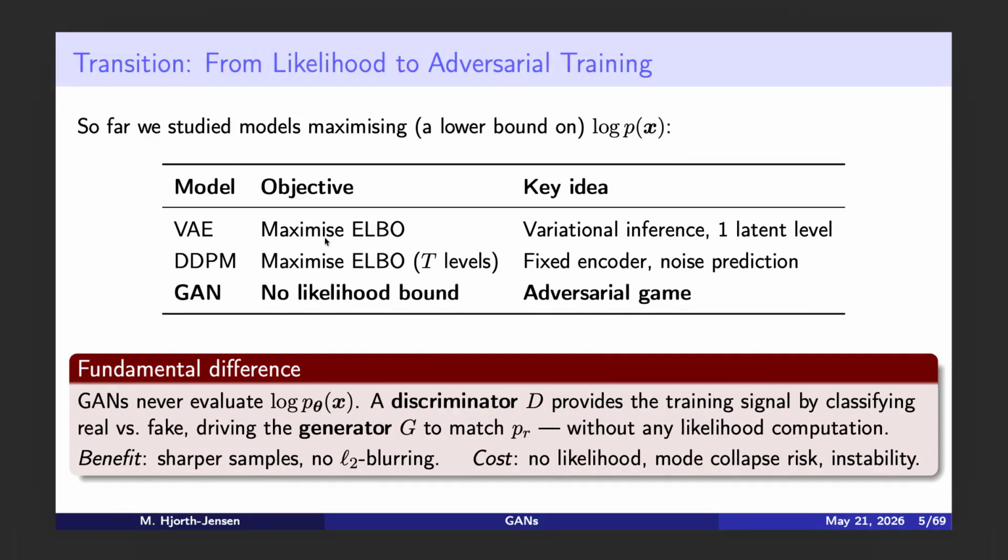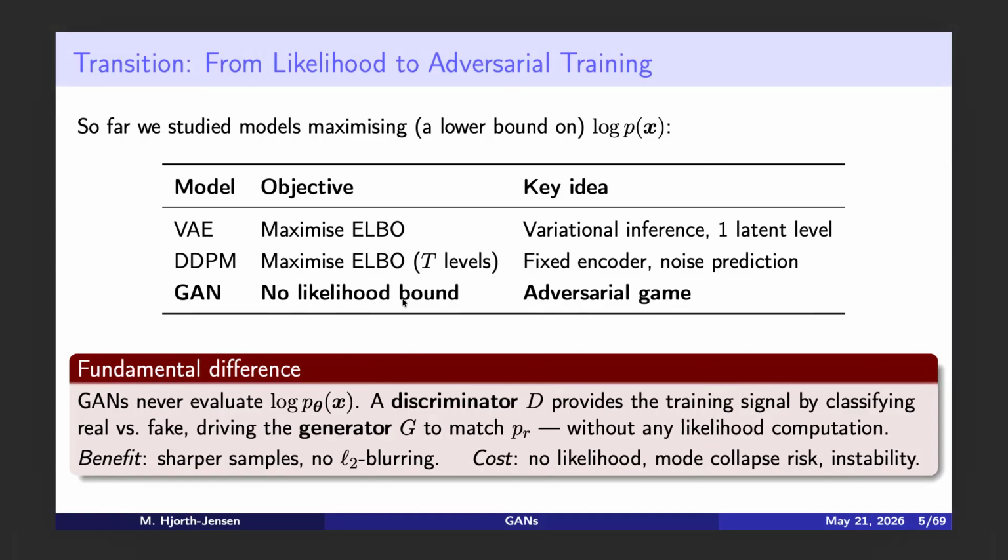So here we maximize what's called the estimated lower bound, and there's a variational inference. Here we have a fixed encoder and noise prediction. We also maximize in the same way, except that we do this T times. On the GANs, on the other hand, there is no likelihood bound. So the variational autoencoders and the diffusion models give us an approximation to a probability distribution which describes the data.